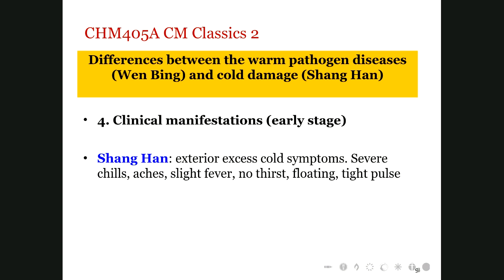So fever is not dominant, and aching pain and intolerance to cold will be the major complaint. And they'll never have a thirsty complaint, never a rapid pulse. Instead, they have a floating pulse with a tight pulse, due to constraint of qi and blood flowing. Now, any questions regarding this comparison of Shanghan and Wen Bing concepts?